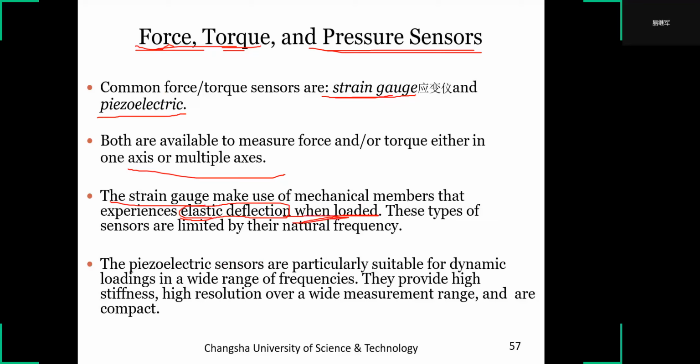The piezoelectric sensors are particularly suitable for dynamic loadings in a wide range of frequency. They provide high stiffness, high resolution over a wide measurement range, and are compact.